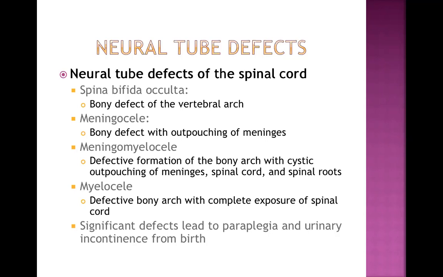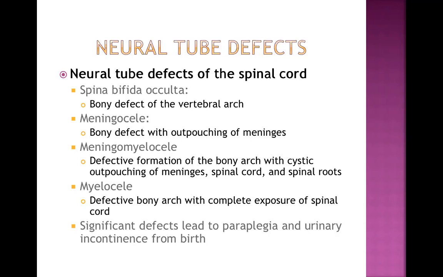Occulta means hidden. The second variety is meningocele. Through the bony defect, there is outpouching of meninges. So when we examine the baby, there is a cyst or a bulge present on the back. Usually this bulge is present on the lower back.